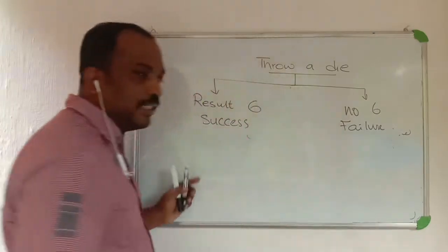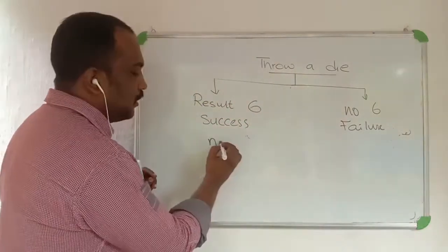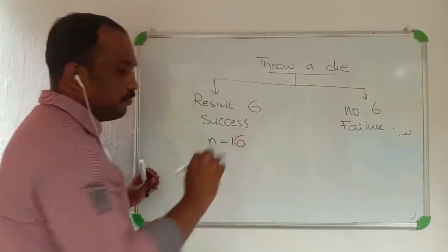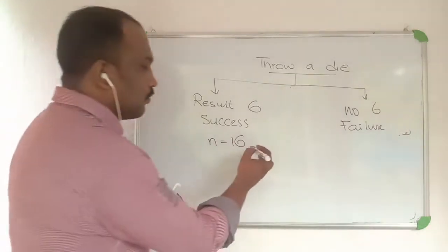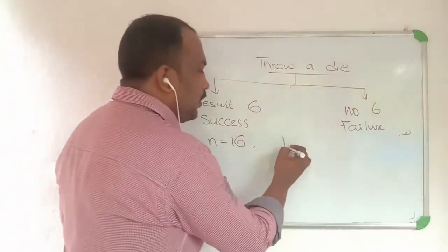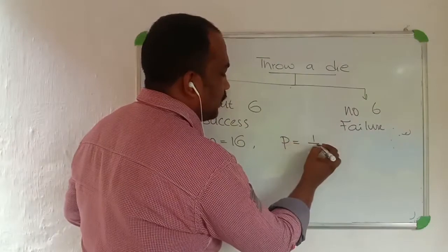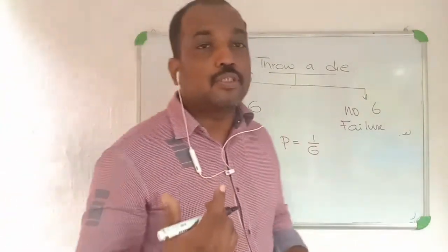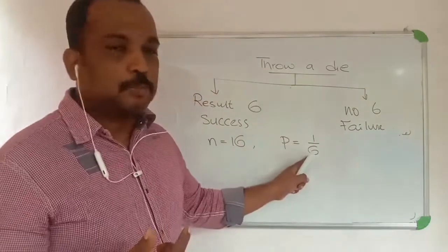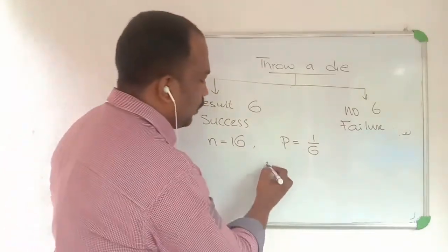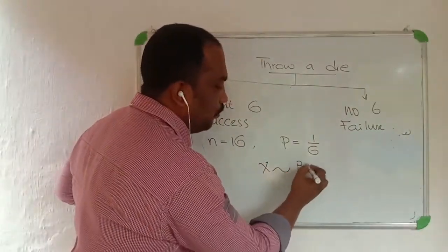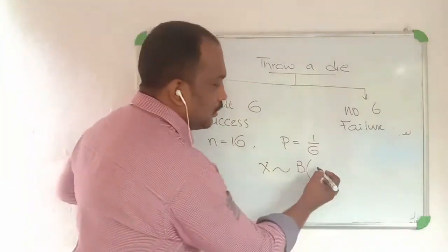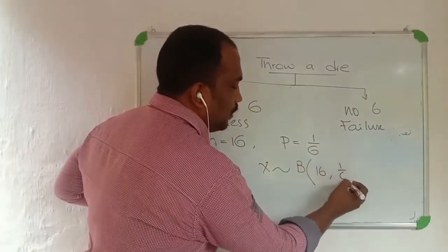We decided to do the experiment 16 times, with the probability of every 6 being 1 over 6, because there are 6 outcomes in total. From that, only one outcome we are expecting, so 1 by 6. So here X follows a binomial distribution with parameters 16, 1 by 6.